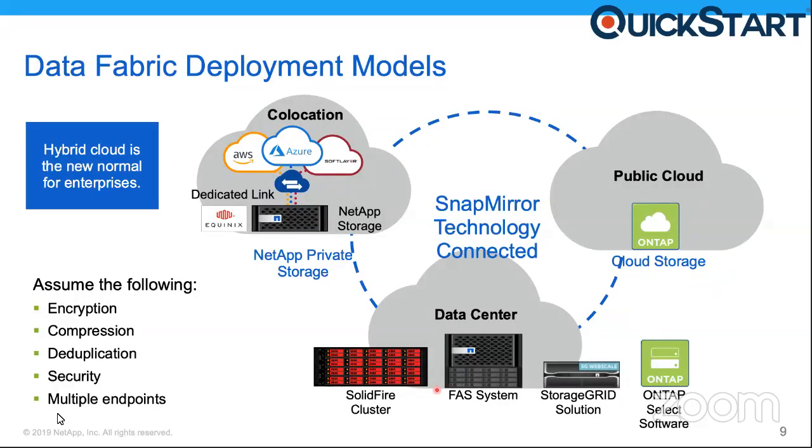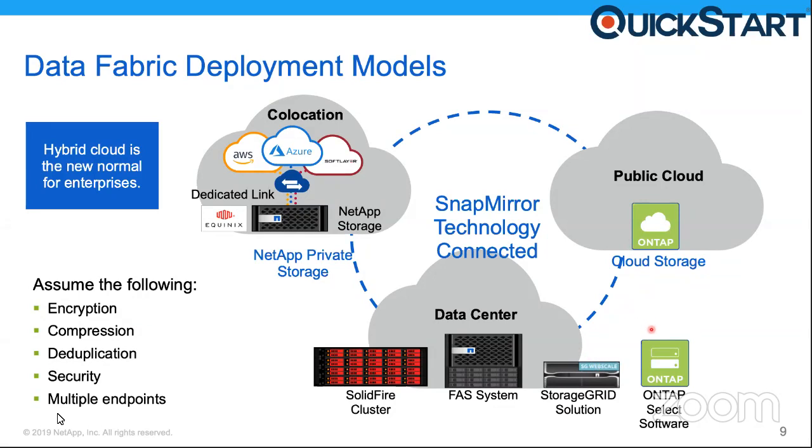So the main idea about the data fabric deployment models is that there are different ways that you can achieve this, right? We have, to start, you're working on your private cloud. That means that you're running on-prem, or on-premises, right? You have your FAS systems with spinning disk, or you can have your SolidFire cluster, or you can have a StorageGRID solution, right?